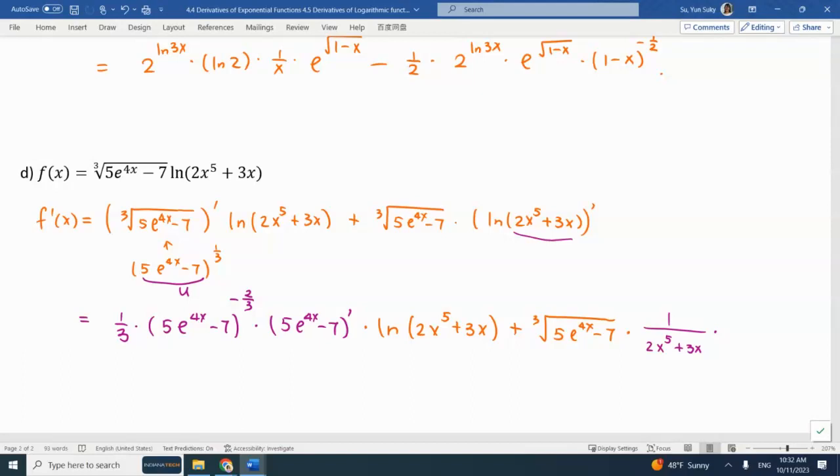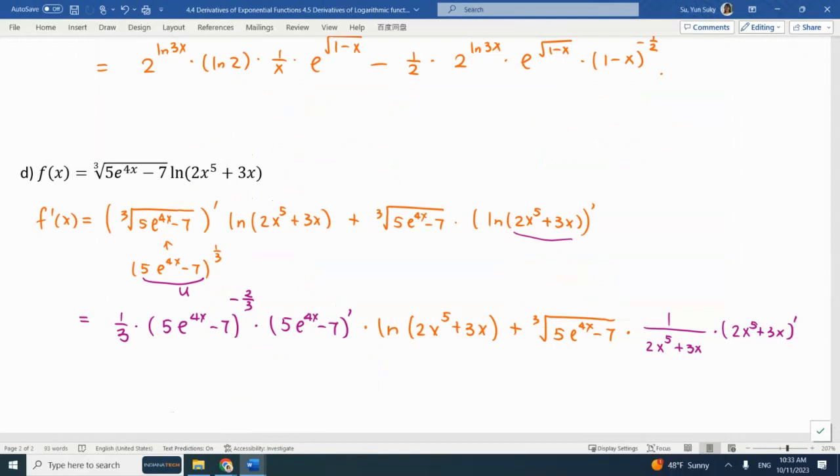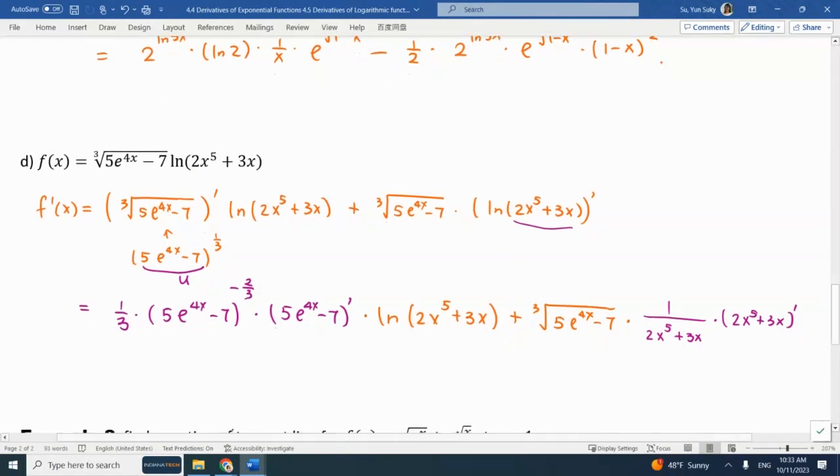And then yes, it's 1 over u times u prime. Okay, everybody? So, yeah, this sheet of paper, remember this, okay? Every day, remember this rule. Remember this rule, okay? All right, good. Let's keep going.